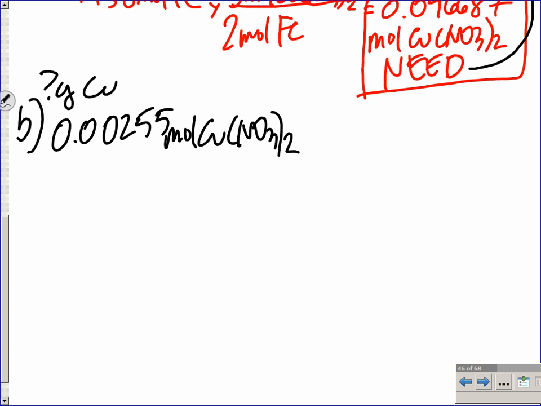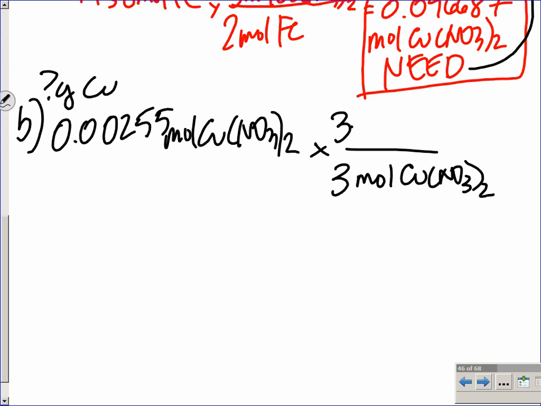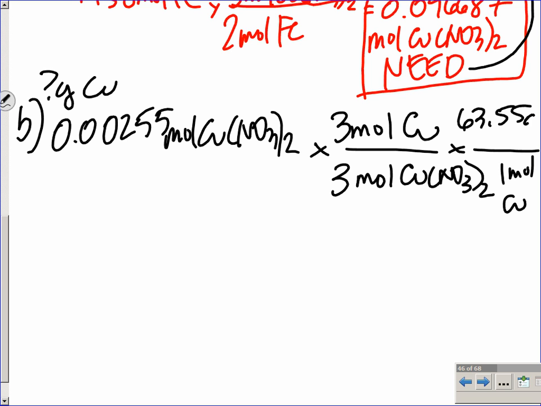Okay, you have a 3 to 3 from 3 moles of copper 2 nitrate in the reactants for every 3 moles of copper made. So this is normal. And then what's our final step? Get to grams of copper. So what goes on the bottom here? 1 mole of copper. And what's that molar mass? 63.55 grams of copper.